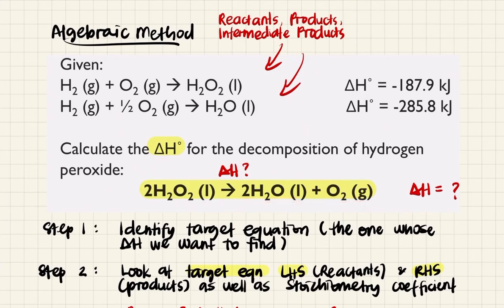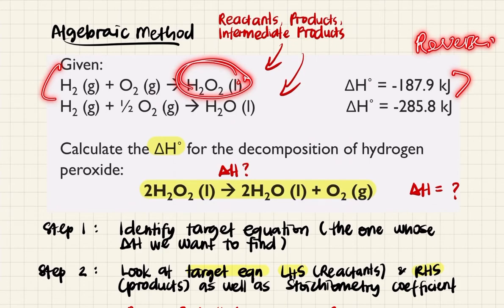So we want 2 moles of H2O2 on our left, so we are going to look at the thermochemical equations given. Find H2O2. We have H2O2 here on the right hand side of this equation. So you need to put this one on the left hand side. What you have to do is reverse this whole equation, because we want it on our left, following the target equation.